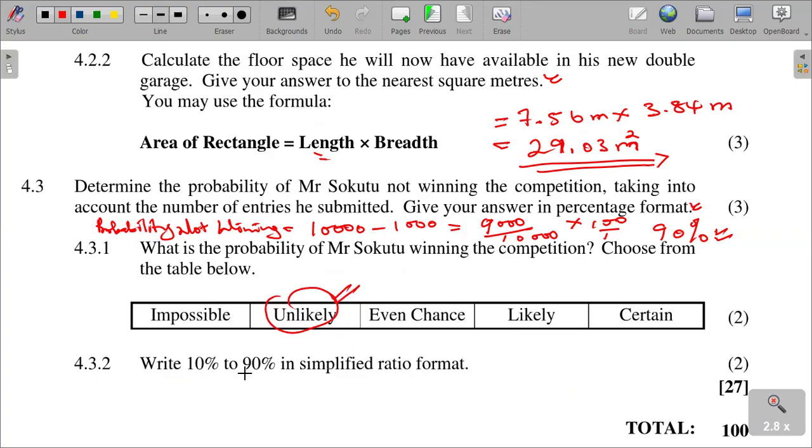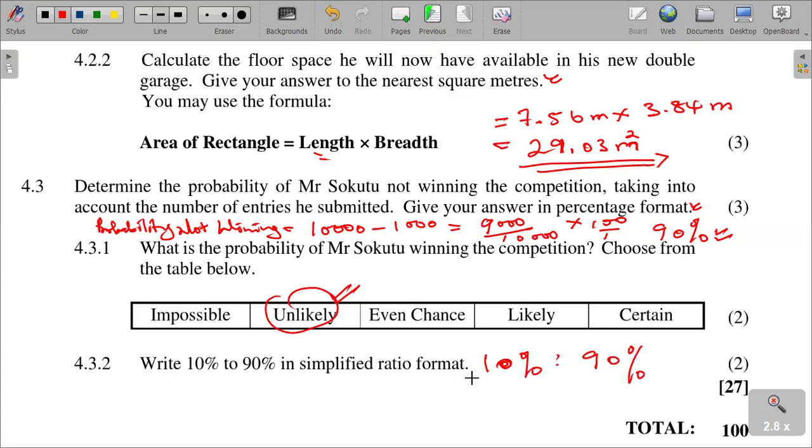Write 10% to 90% as a simplified ratio. It is 10% is to 90%.